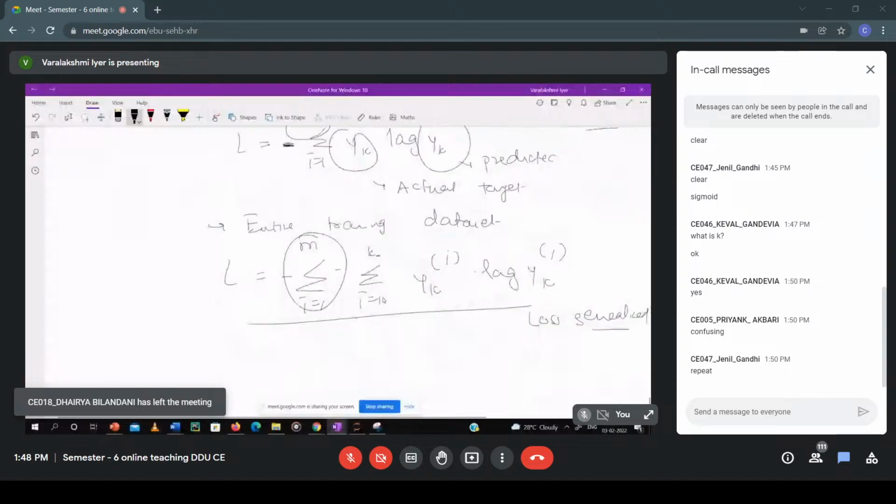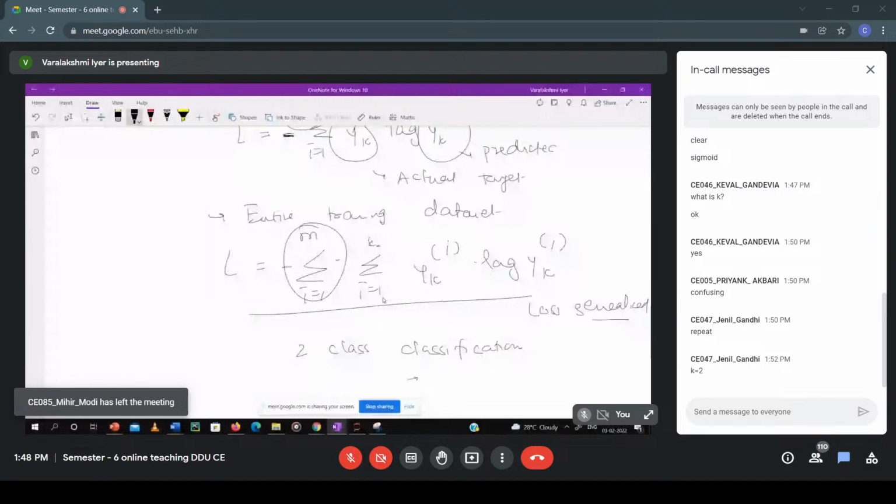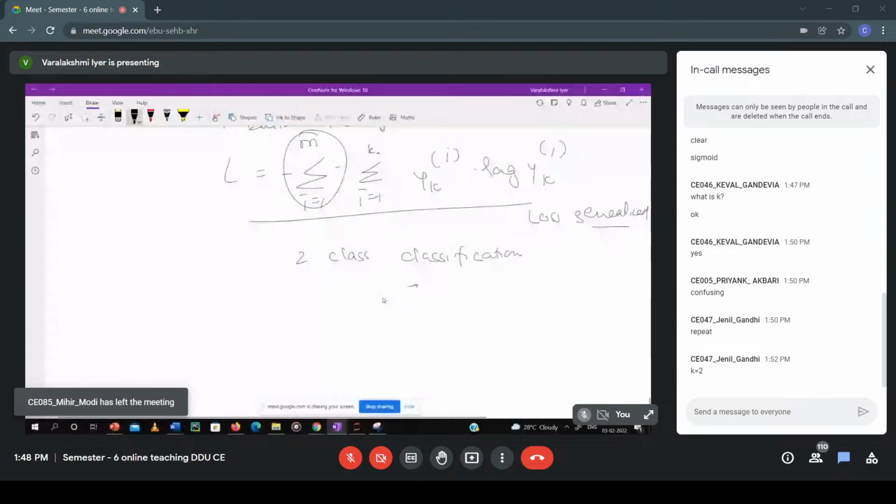So whenever we have two-class classification, if you remember, K will automatically be equal to 2, and it will be y1 log of y1 hat plus y2 log of y2 hat.